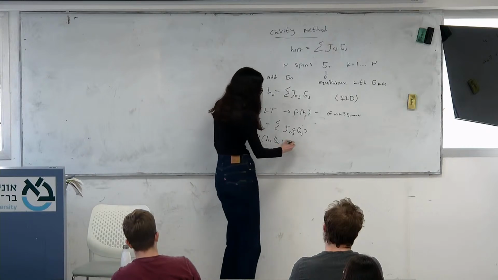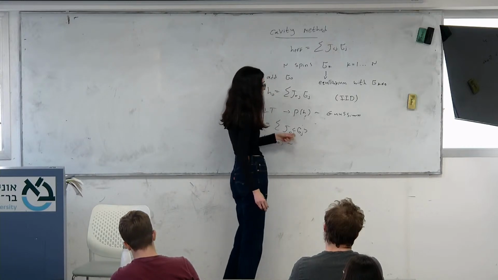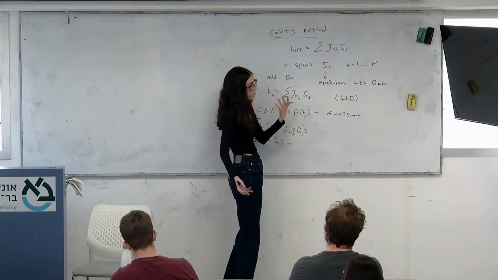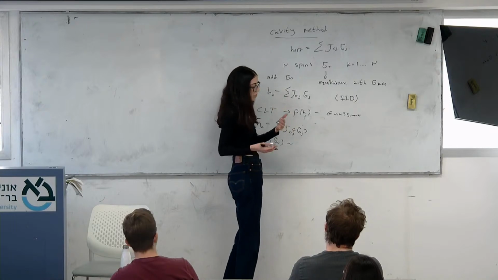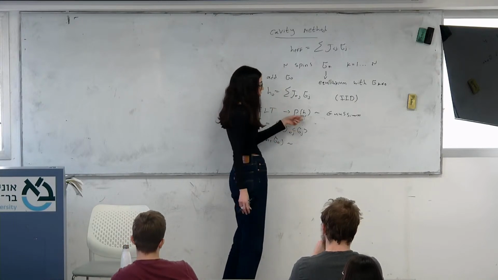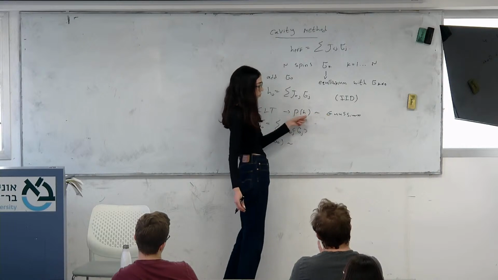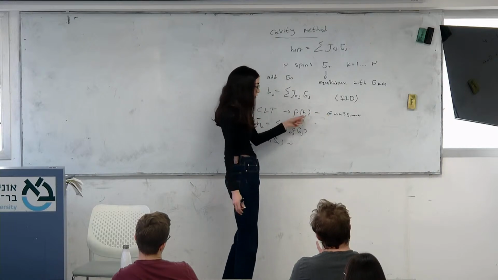This distribution is basically a multiplication, as you can prove, involving the Gaussian distribution of the original field.